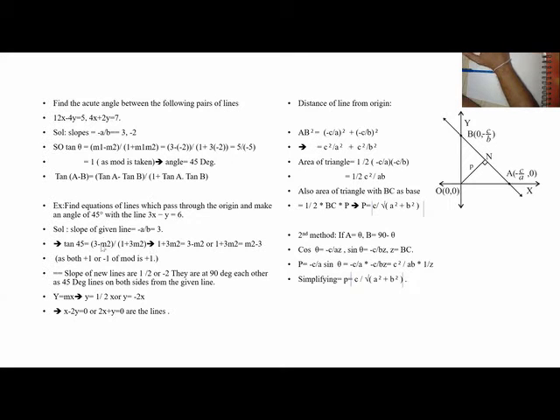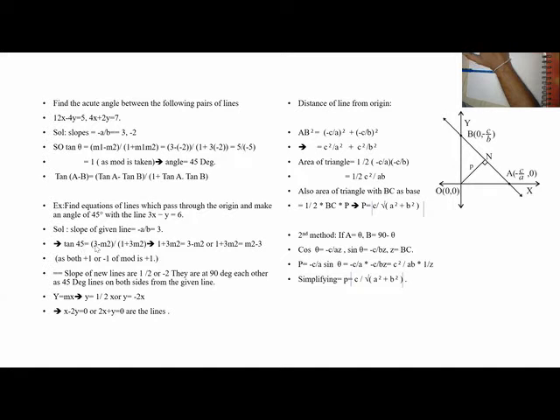This is all under mod. Both plus 1 and minus 1 under mod will become plus 1. When I put plus 1, I am getting 1 by 2 slope. When I put minus 1, I am getting minus 2 slope. So there are two lines which are at 45 degrees with this line. One is clockwise, another is anti-clockwise.